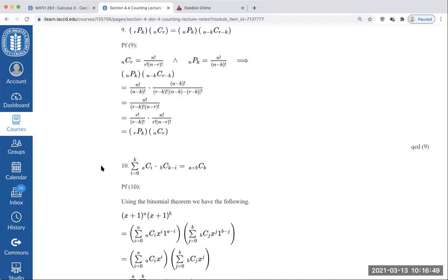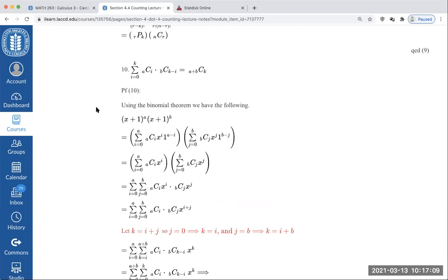Next, let's show here that the sum i equaling 0 to k of aCi times bC k minus i is equal to a plus b C k.